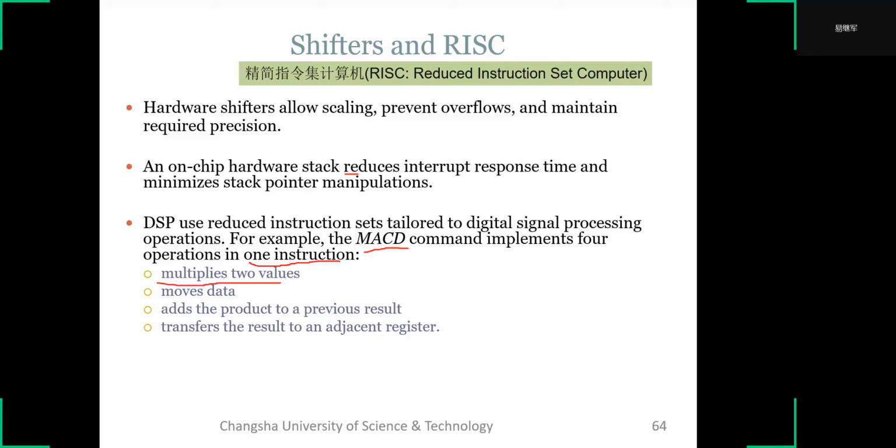Multiplies 2 values, moves data, adds the product to a previous result, and transfers the result to an adjacent register.